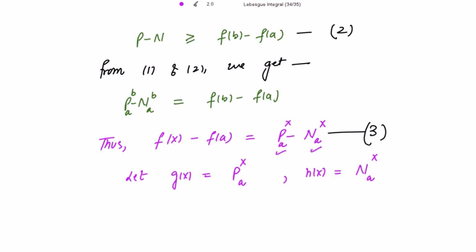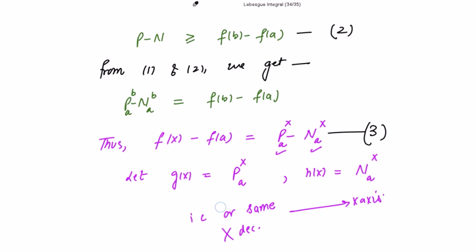Because P and N, that is the positive variation and negative variation, are monotonically increasing functions. For a function of bounded variation, the positive variation is always monotonically increasing, or it remains the same. It can increase or remain the same whenever we move along the x-axis, but it never decreases, right?